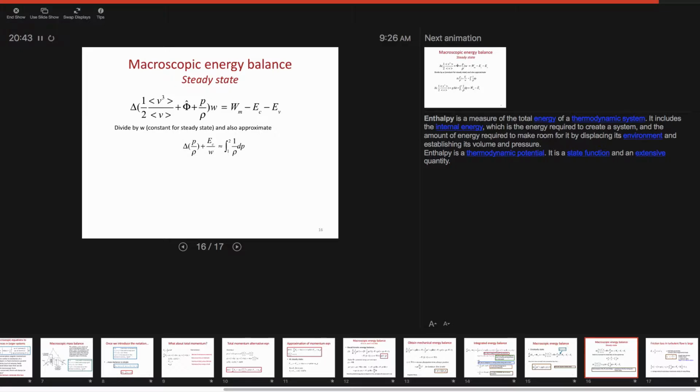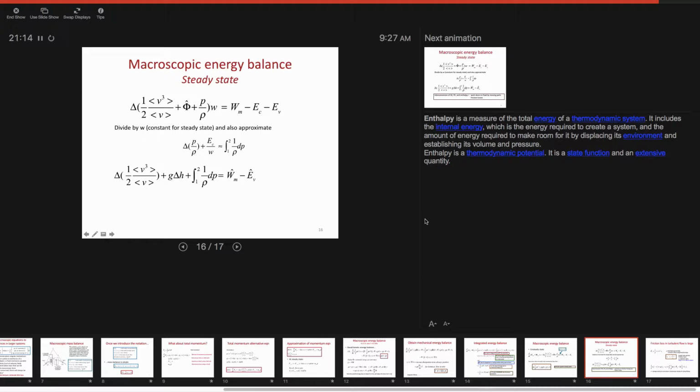All right, so if I divide by W and approximate this term, in order to compute this, we approximate the following terms of this one. This and this, I combine them together, and they can be approximated as an integral of 1 over rho dp.